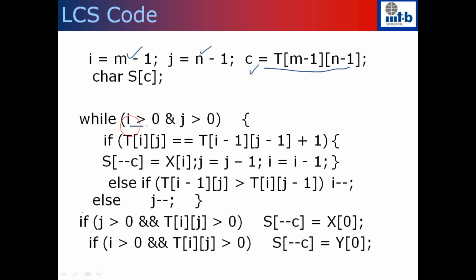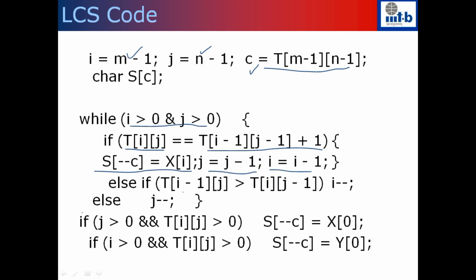As long as these two are greater than 0, we check whether T of i comma j is equal to 1 plus T of i minus 1 comma j minus 1. In this case, x of i will be equal to y of j. So x of i will be part of the longest common subsequence. So we set s of minus minus c to be x of i, and decrement both i and j counters.